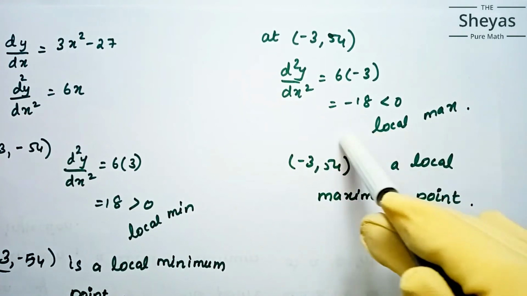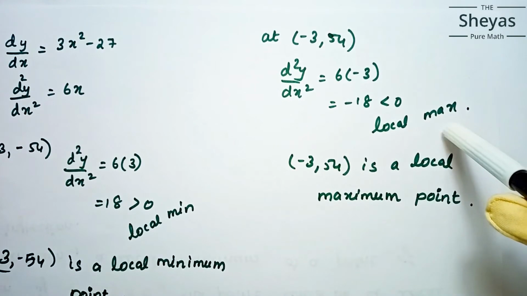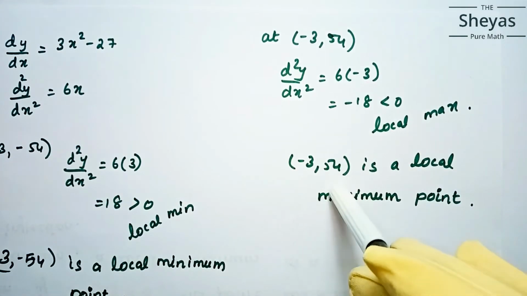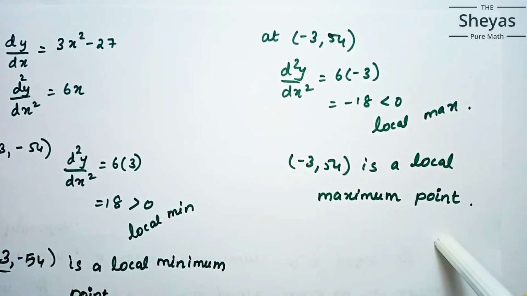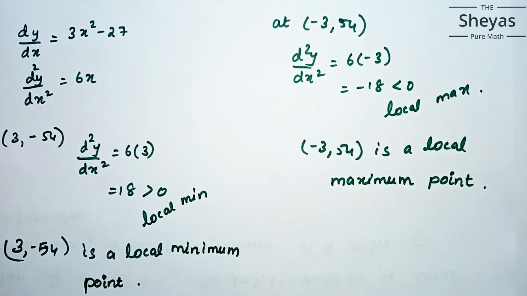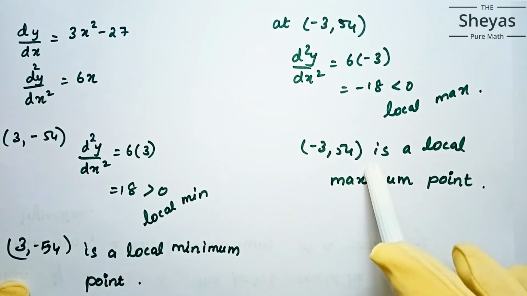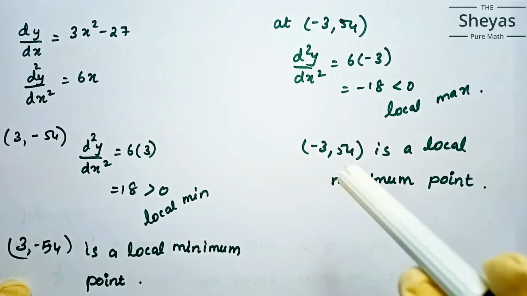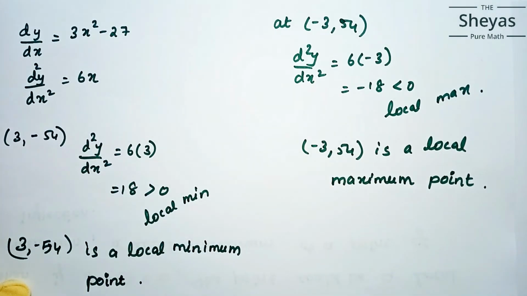According to the condition, minus 3 comma 54 is a local maximum point. So here we have concluded that in this problem we have two stationary points, one a local minimum point and another a local maximum point, but we didn't get any point of inflection.